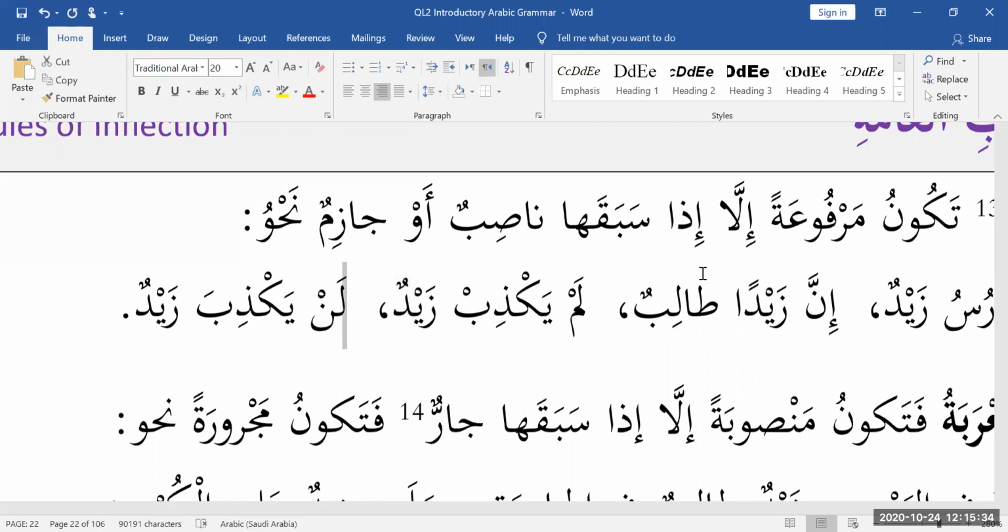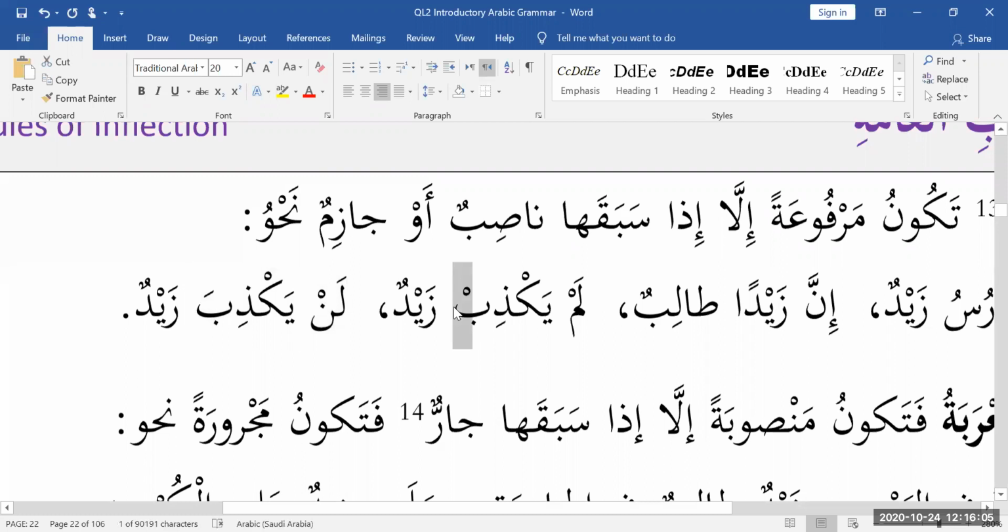Let's look at the next word. Lan yakdhiba zaydun. Lan, as you know from Easy Intro to Arabic, means will not, and it comes before mudare. It changes the time of mudare from present to future. So lan yakdhiba. Zayd will not lie. Look at the ending of the word yakdhiba. There's a fatha here.